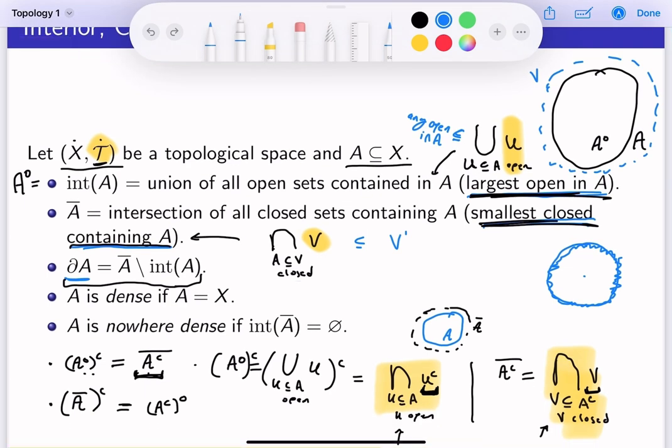Because the interior, for example, is the largest open set in A, right? So A is going to be open only if it is itself the largest open set contained in A, and if and only if, actually. And the same thing for the closure, right? A set is closed if and only if it is the smallest closed set containing itself, right? And that's clear.